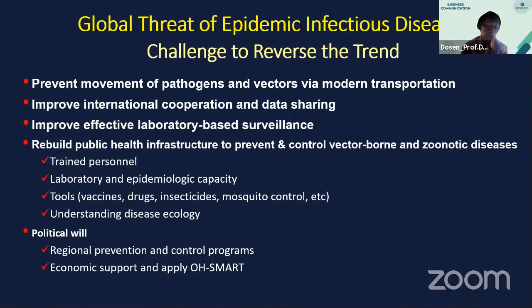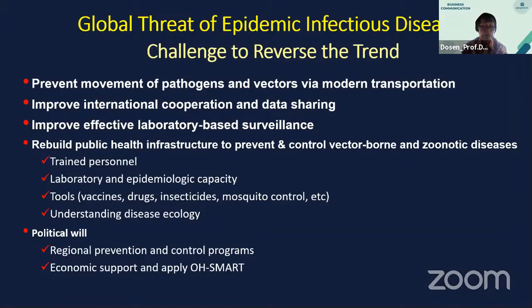This is also very important. The last one, political will. This is very important also because regional disease prevention and control programs are very important. The country or the province should have their own regional program to control the disease and to map the disease, and then economic support, of course.